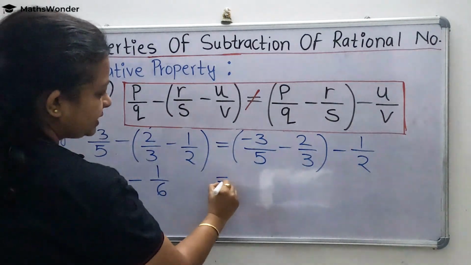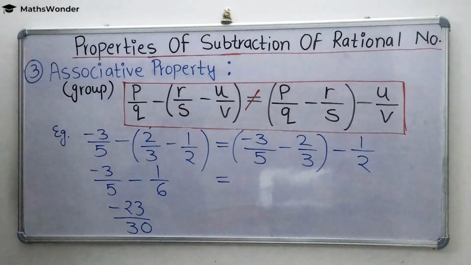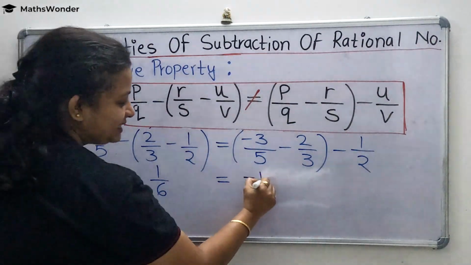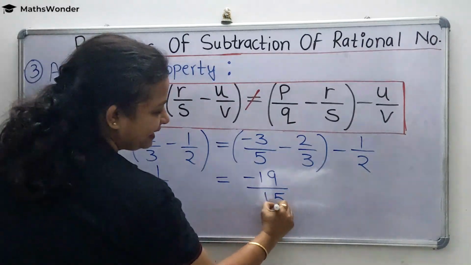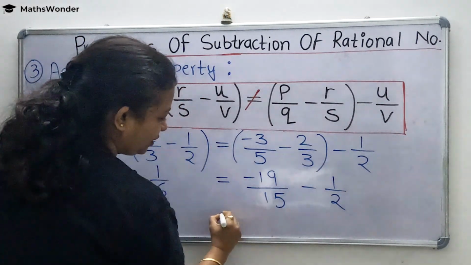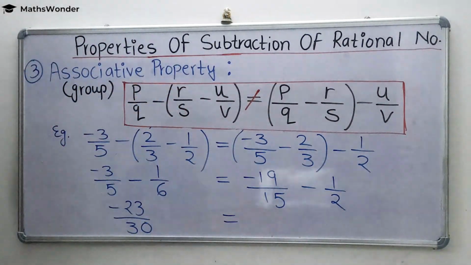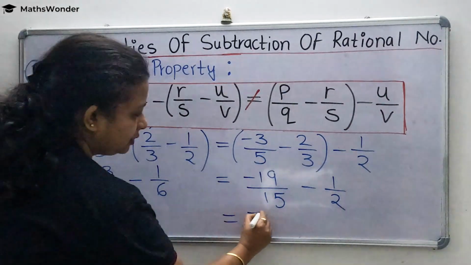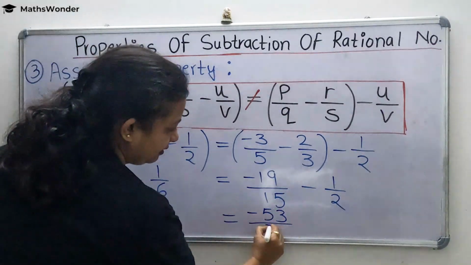Now check the right hand side. Is it giving the same answer? Well, LCM, yeah, 15. Negative 19 over 15, negative 1 over 2. When you solve this subtraction, we get negative 53 over 30. Right?